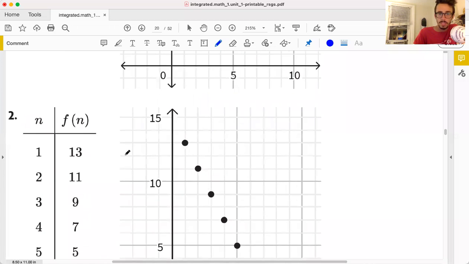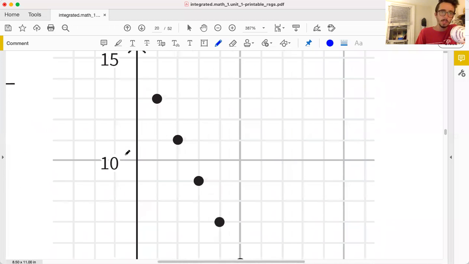I won't show the table rate of change for this, but something you should note is that if the line's going down and to the right, and we're getting our rate of change, here we can still say that our run is going to be +1, but how do you think we should talk about our rise? Or is it really a rise? What do you think?